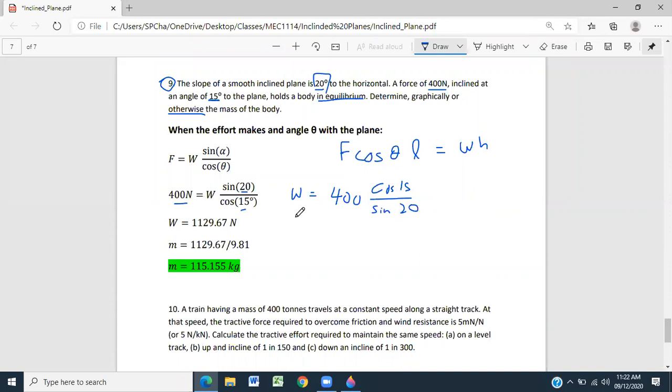Plugging this into our calculator, we should get W being equal to 1,129.6 newtons, right?